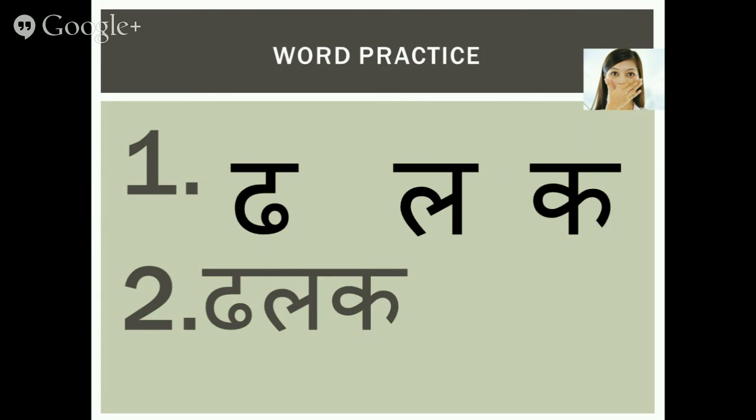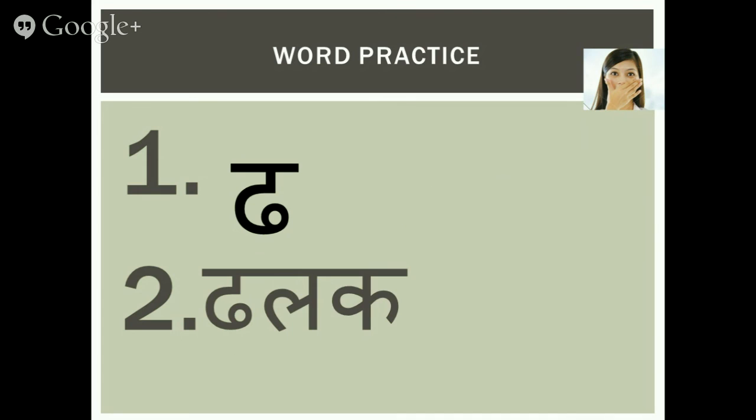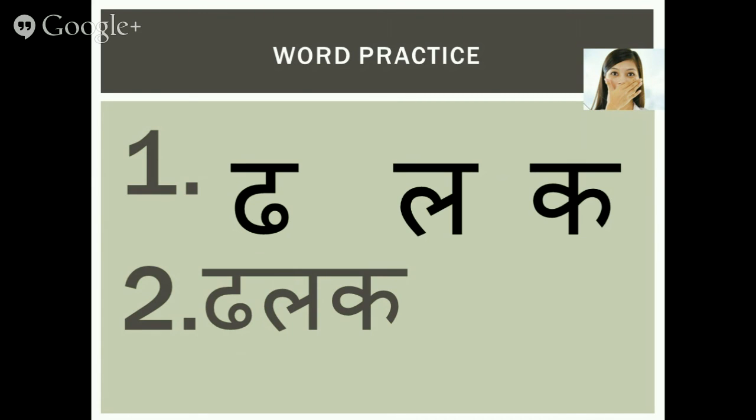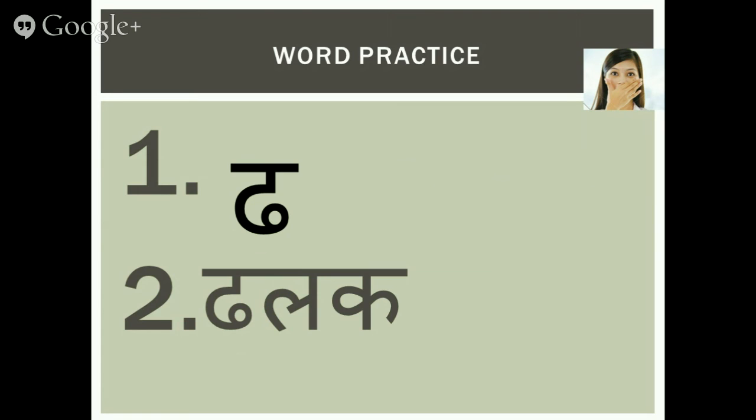So you can say dhalak, dhalak, hear the pause, dhalak before the ending air. Dhalak, or you can just say no air at all. Dhalak, dhalak. It often has to do with how you feel or how out of breath you are.